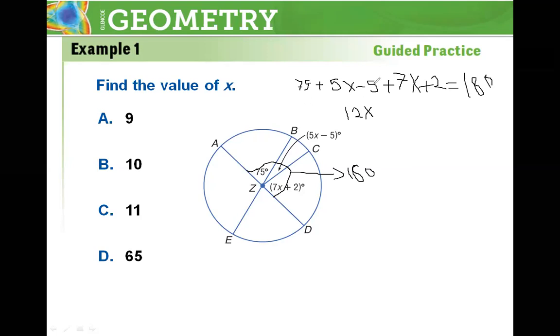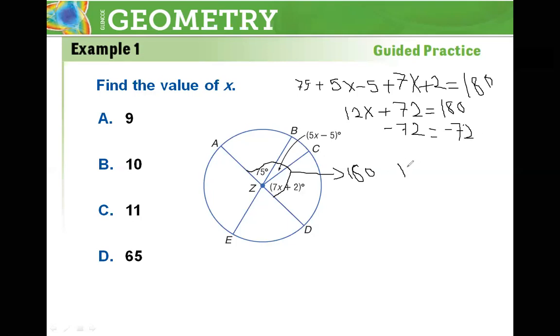75 minus 5, 70. 70 plus 2, 72. So plus 72 equals 180. We do negative 72 and negative 72. Yes, subtract 72 from the left hand side and from the right hand side.